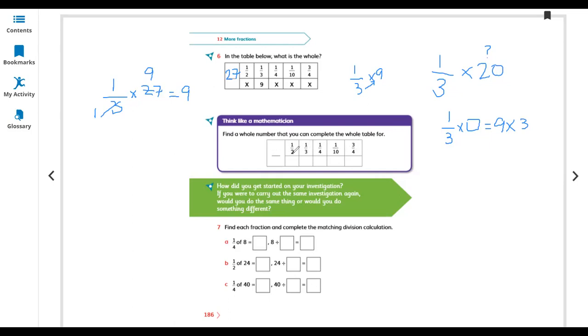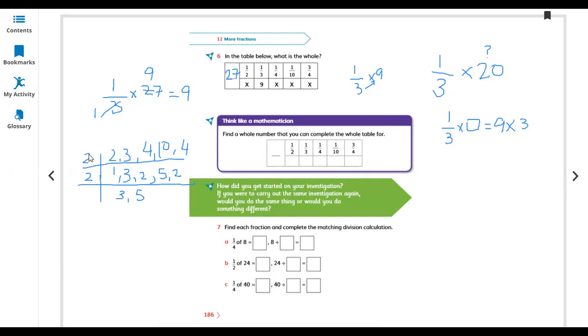Just this one. 4 multiplied by 3, 12, 24. We are finding the least common multiple. So just write all the denominators down here: 2, 3, 4, 10, and 4.